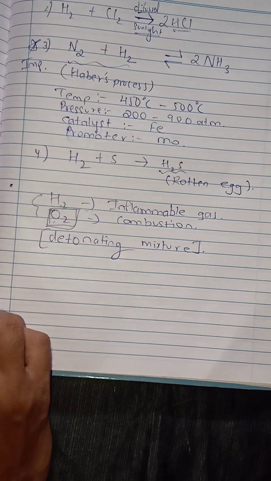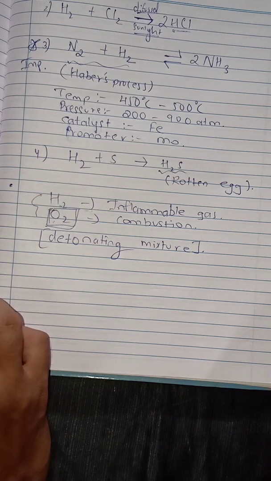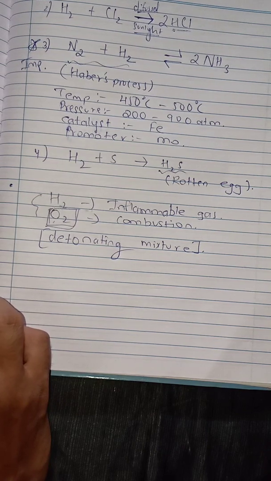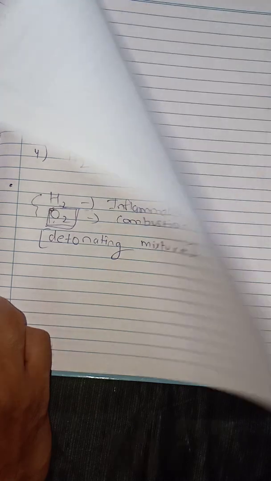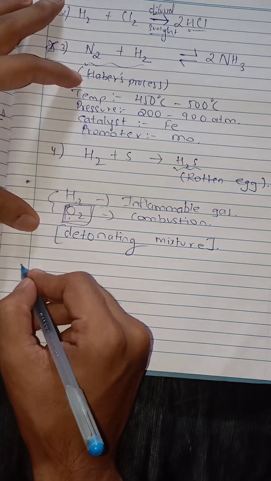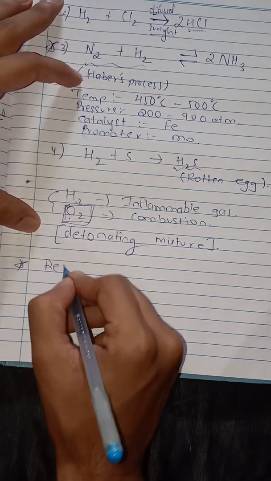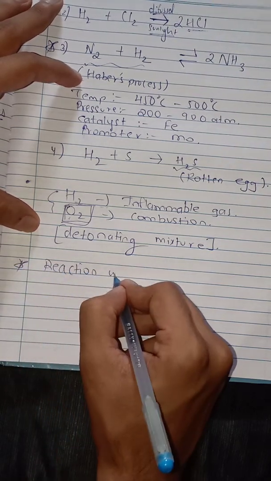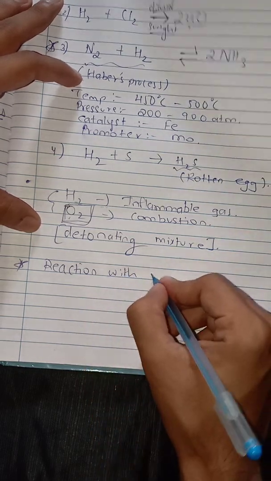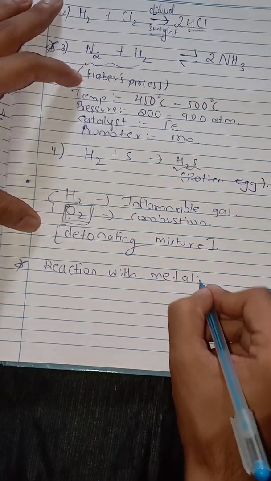Now reactions with metallic oxides. Okay, reactions with the metals we have seen. Now there was a topic called reaction with the non-metal, and a topic called reaction with metal.